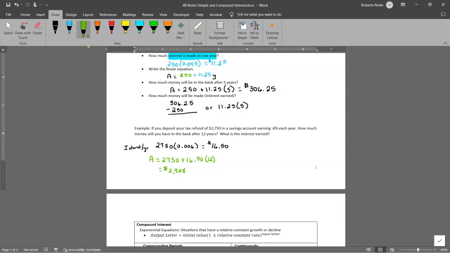That's how much we end up with. How much interest was earned? Again, we can either take $2,948 minus the $2,750 and subtract those two numbers, or we can simply take our $16.50 times our 12 to find out. So we ended up with $198 made in interest for 12 years.